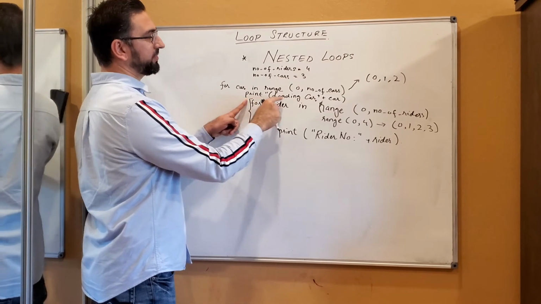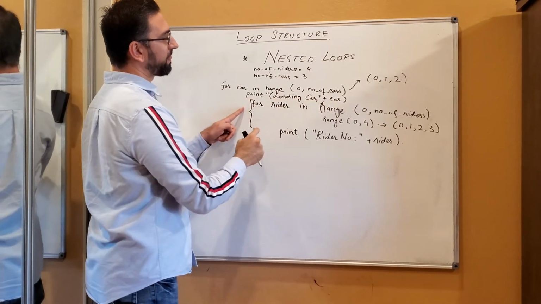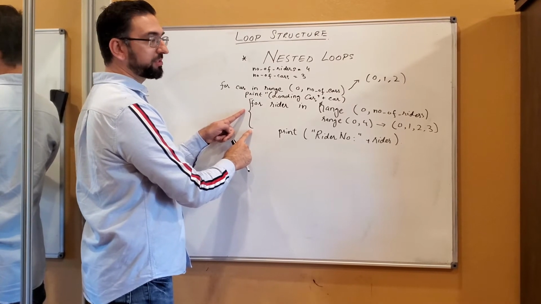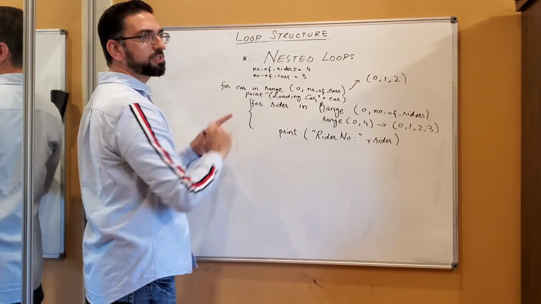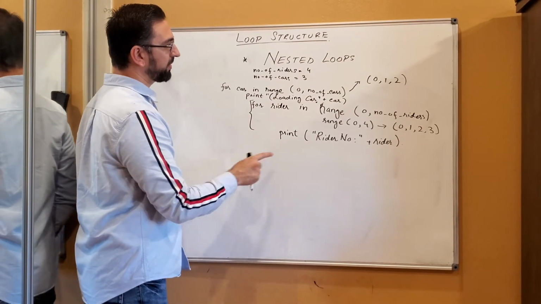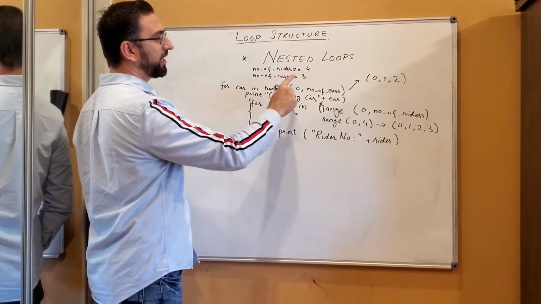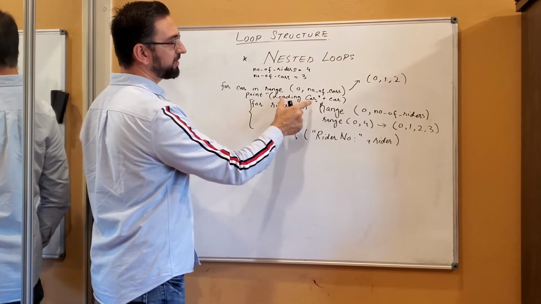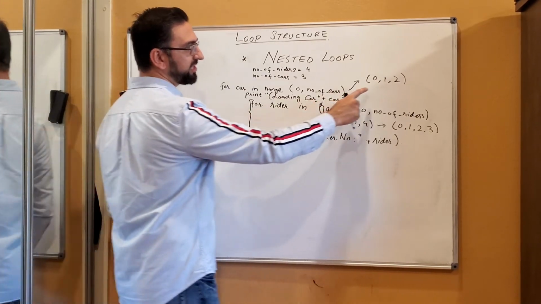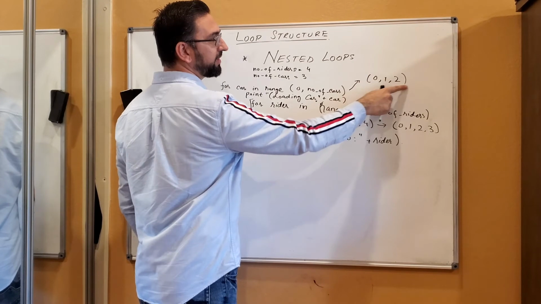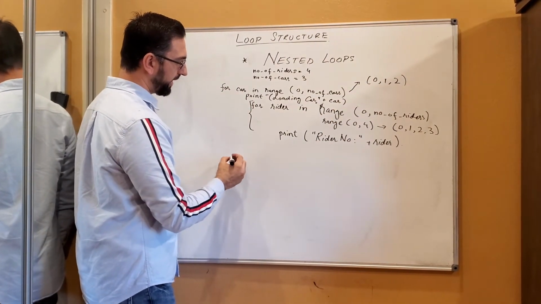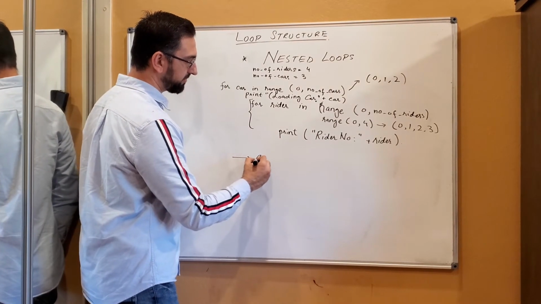It will come inside, say loading car number 2, and then again iterate over the riders to load all these riders in the second car. Once this loop finishes, it will go back in and see car number 3. It will print loading car number 3, load all the riders, and now the sequence is exhausted. We filled all the cars, so it will exit this outer for loop and continue with the rest of the program.